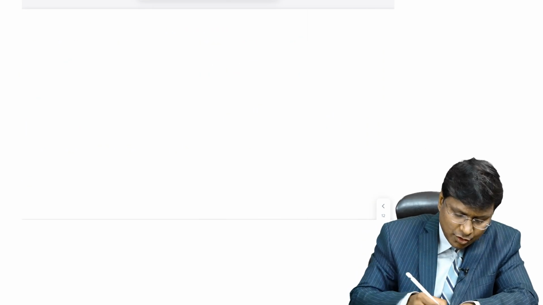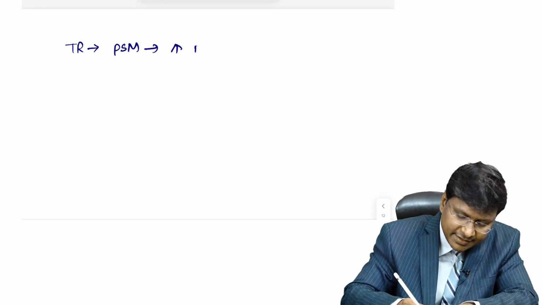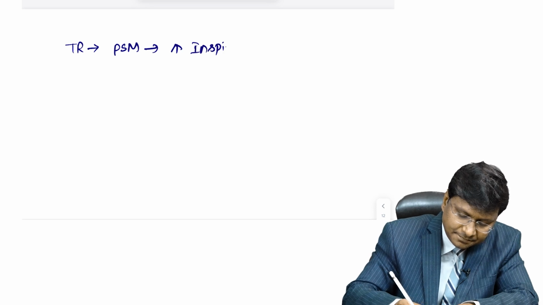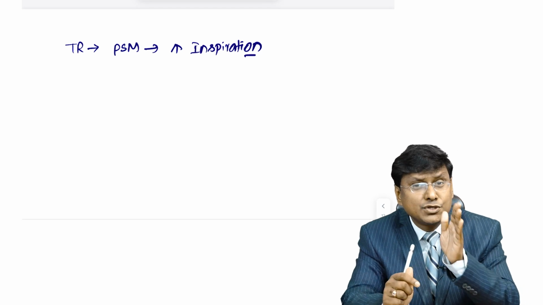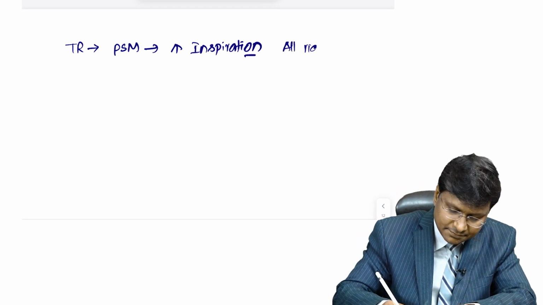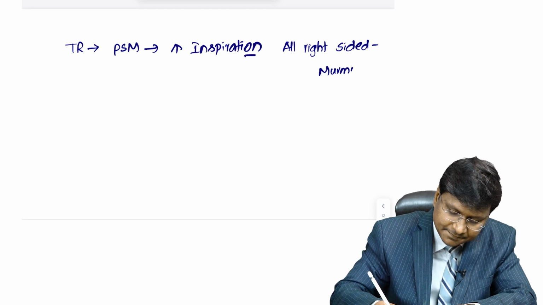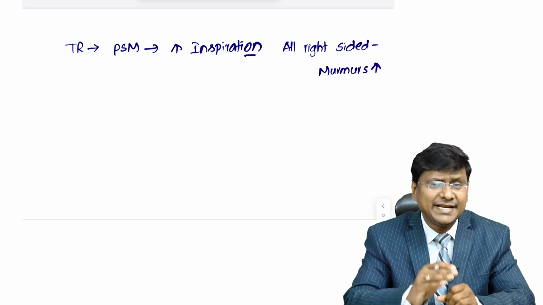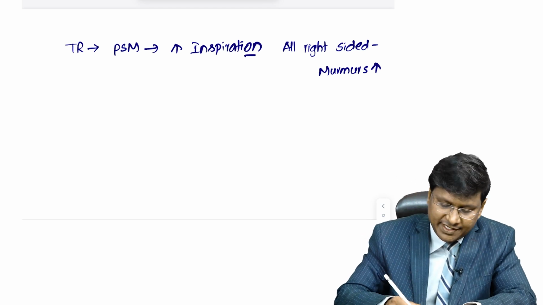Now, in tricuspid regurgitation, the pansystolic murmur that you are hearing will increase on inspiration. Almost all the right-sided murmurs increase on inspiration.